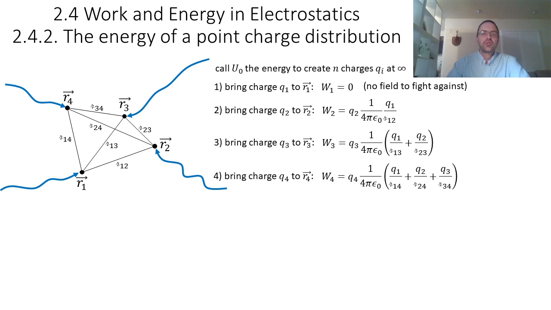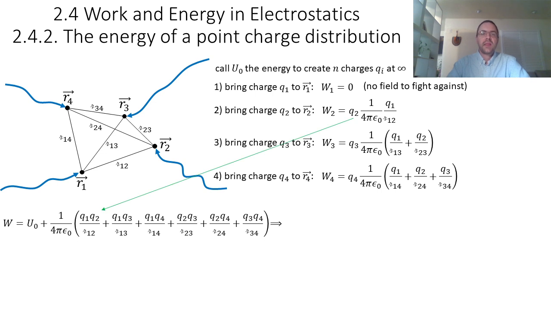Finally, I bring the charge Q4 from infinity to the position R4. So I have Q4 times the potential from the other charges, Q1, Q2, and Q3 at the position R4. So in the potential, I have Q1 over curly R14 plus Q2 over curly R24 plus Q3 over curly R34.